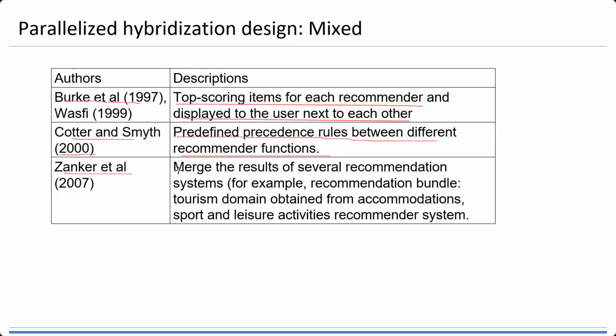And this research merged the results of several recommender systems, for example, a recommendation bundle in the tourism domain obtained from accommodation, sport and leisure activity recommender systems. So yeah, we collect from several other domains to do the recommender system.